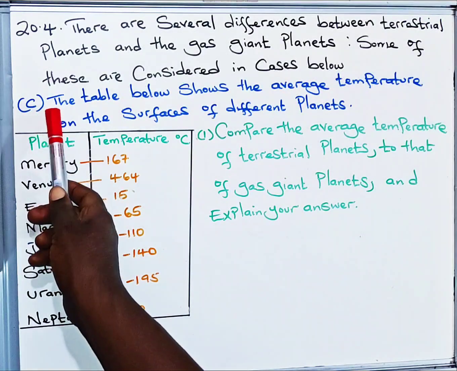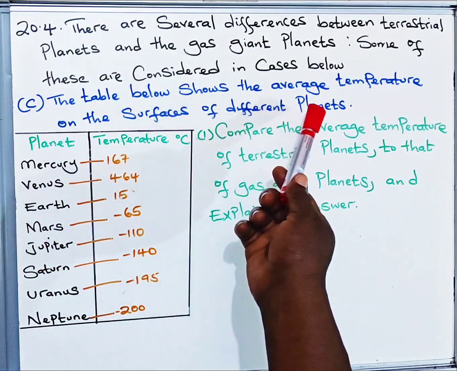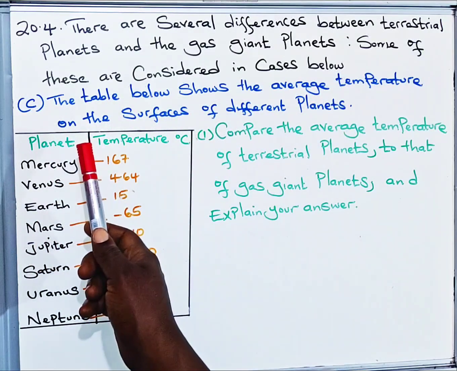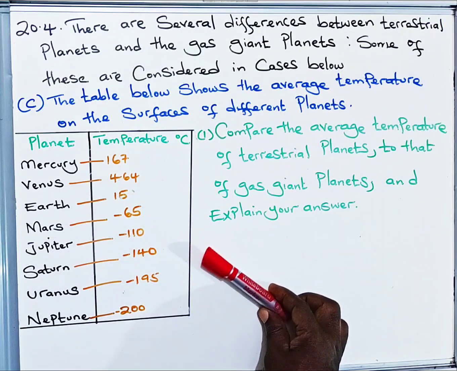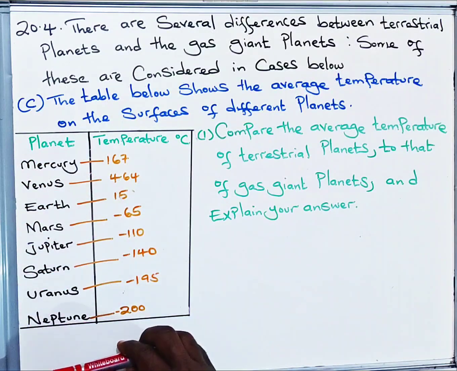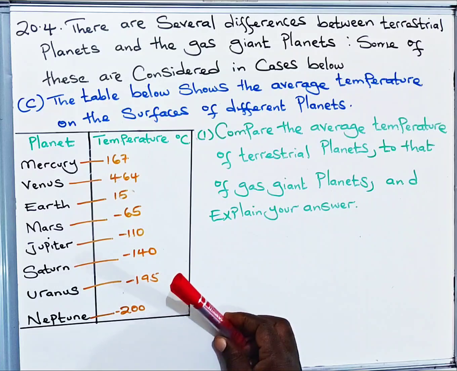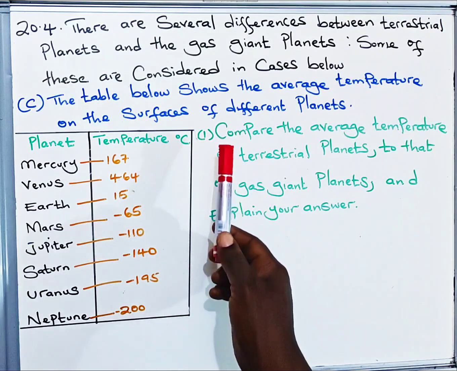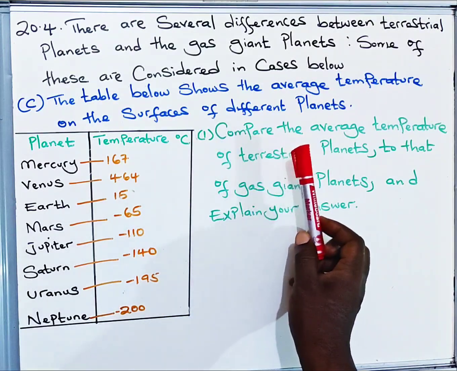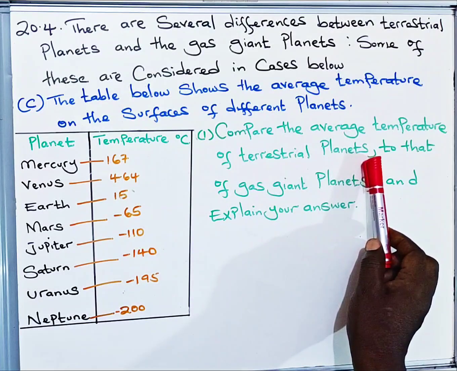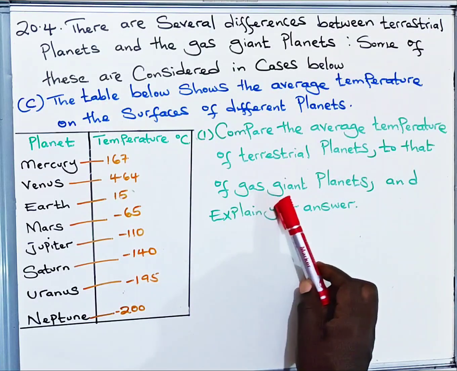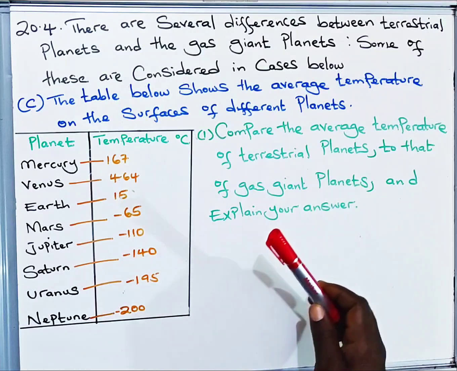Okay, the question says that the table below shows the average temperature on the surfaces of different planets. So we have these planets and these are the temperatures we have. The question says, compare the average temperature of terrestrial planets to those of gas giant planets and explain your answer.